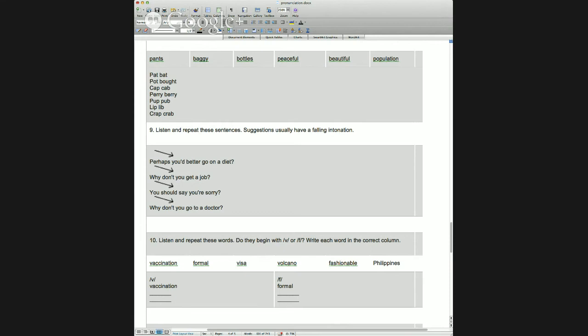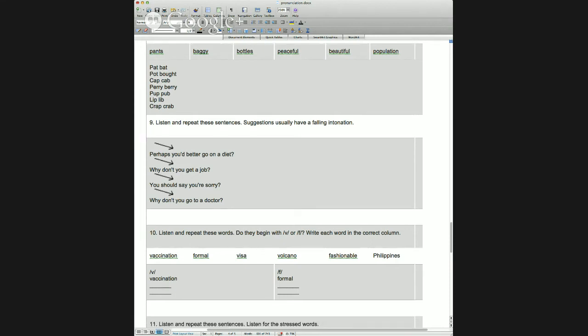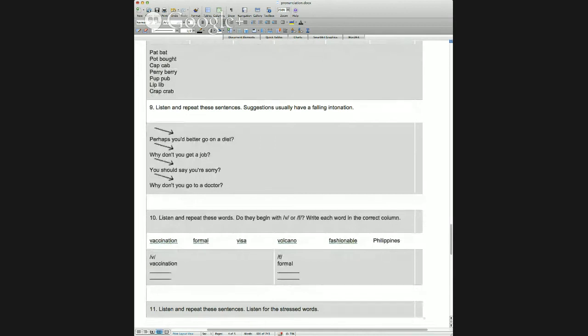All right. So let's look at some more intonation things. Here we're looking at suggestions. These are sort of polite ways to give advice. Why don't you?